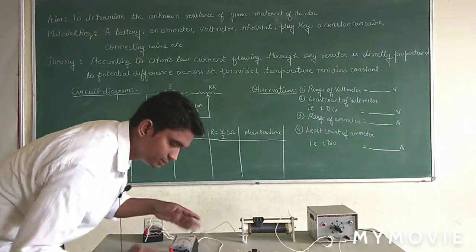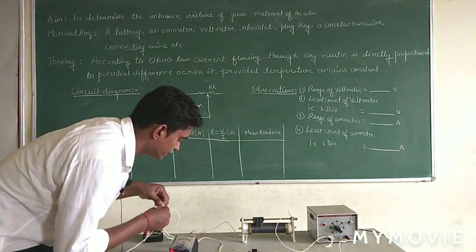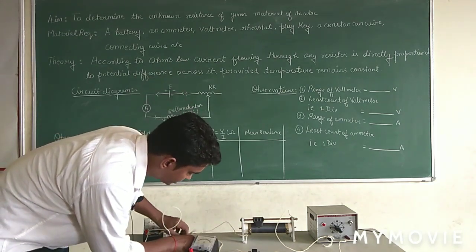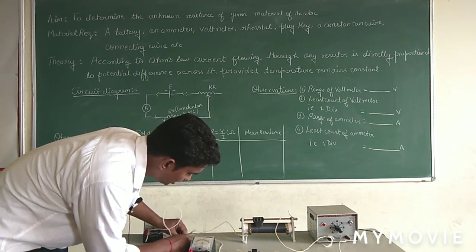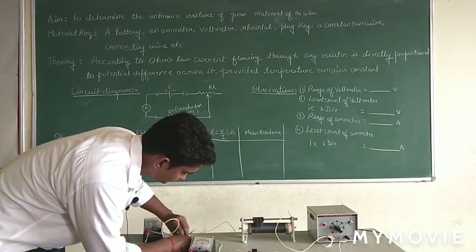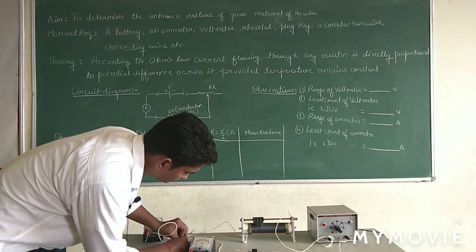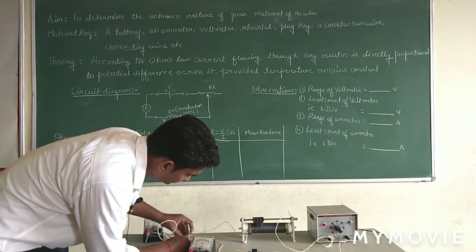And the two ends that are left need to be connected to the unknown resistor.